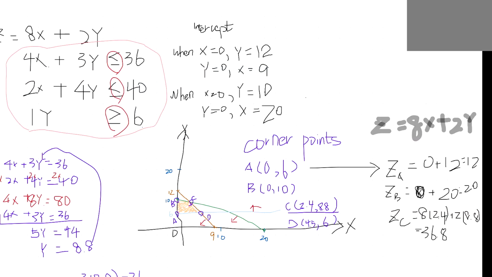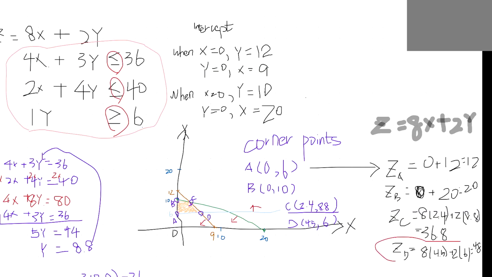What is it? 48. So which one gives you the most profit? ZD, the $48. Very good. So the answer is this one.